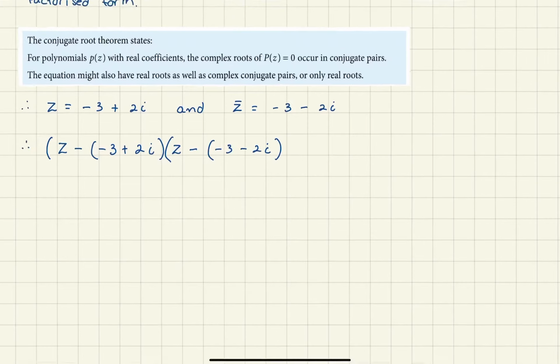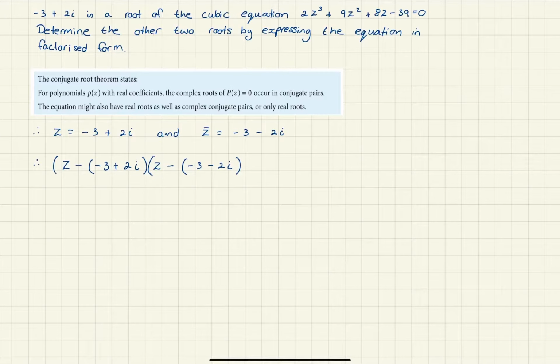And because this is a cubic polynomial, I know that there must be at least one more factor. So I'm just going to write it. I don't know what that is. This is what I'm trying to solve now, my third factor. So I'm going to say az plus b, because I know that's the form it has to be in, and I'm going to try and solve for a and b.